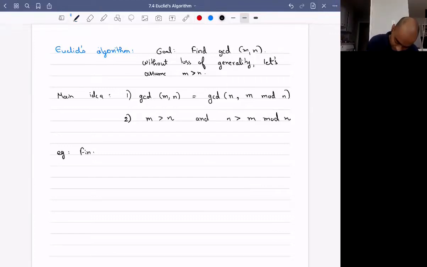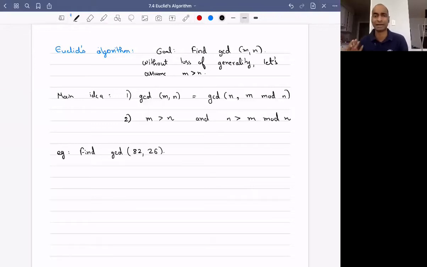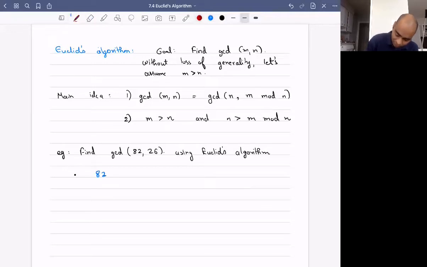Let's say my question is find GCD of, let's do 82 and 26. These are small enough numbers that you can just do this by hand, but we want to do this using Euclid's algorithm. I'm finding GCD of 82 and 26. So first thing I need to do is find the remainder when 82 is divided by 26. So I'll do a long division. 26 times, let's go 4.